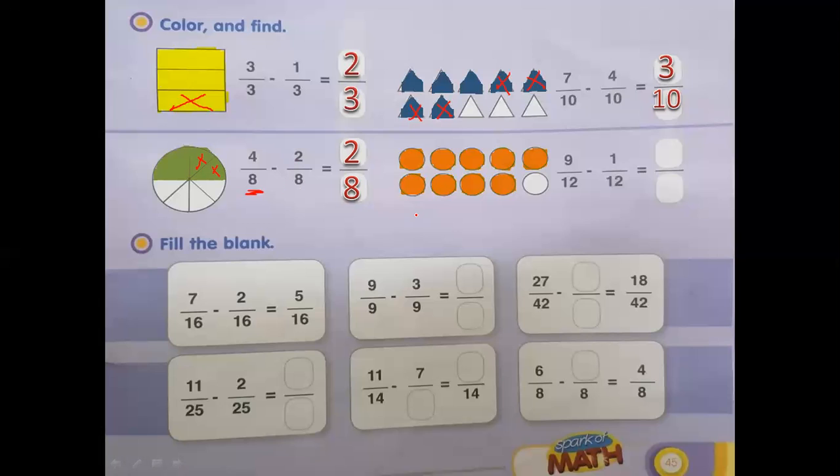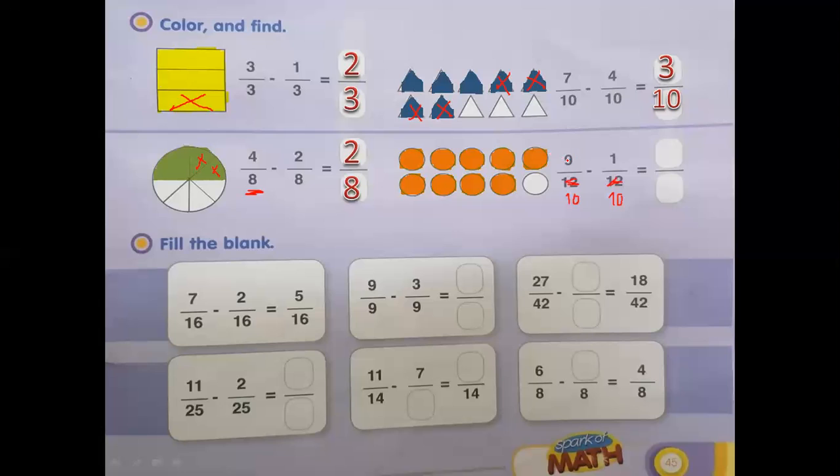Number four, how many circles do we have? We have 10 circles. Excellent. So I want you, if your book has the number 12, write 10. And here write 10, please, because we have 10 circles. They are not 12.